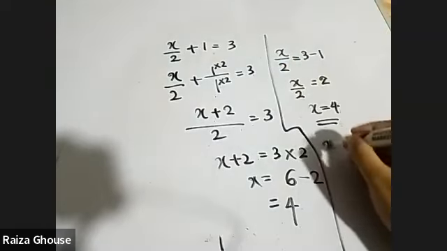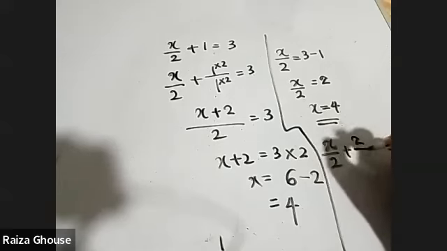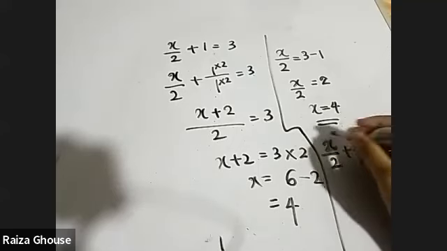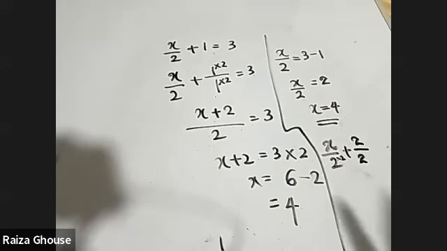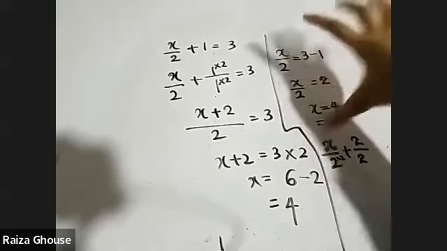Am I correct? Yeah, Miss, 6. She's telling x over 2 also multiplying by 2, then 2 get cancelled. You are saying multiplying x over 2 also by 2. Okay, then everything will get cancelled now, Miss. But rather than that method, always try to use this shorter method.